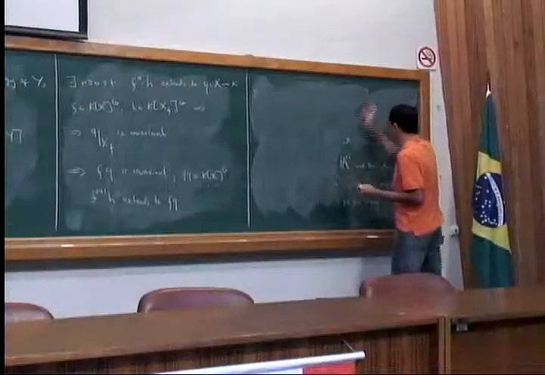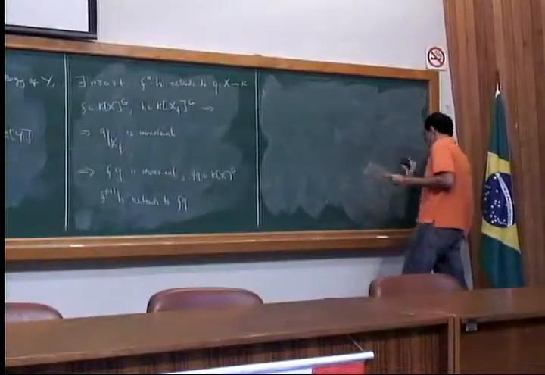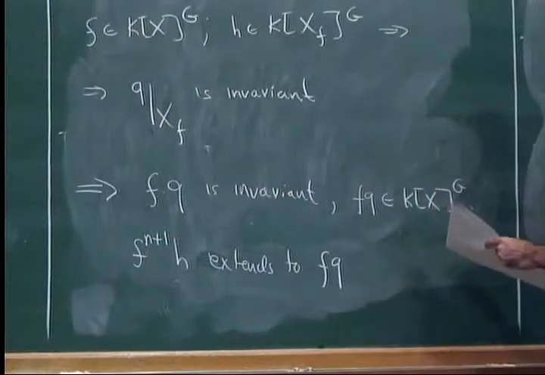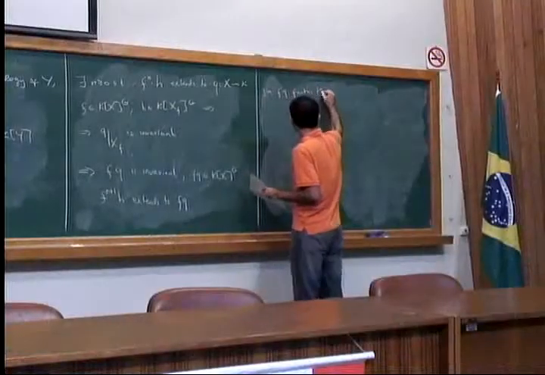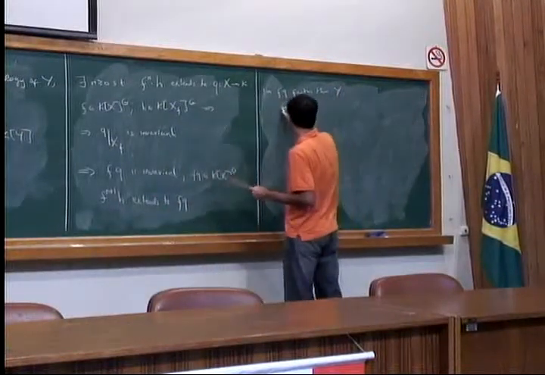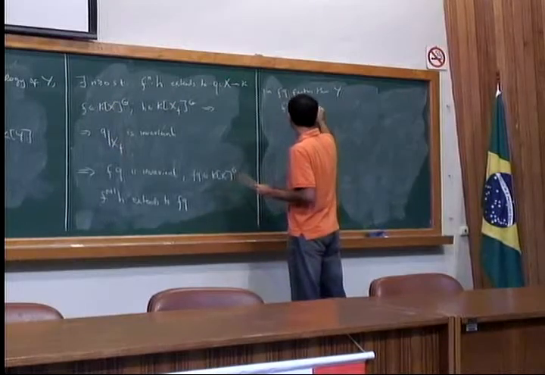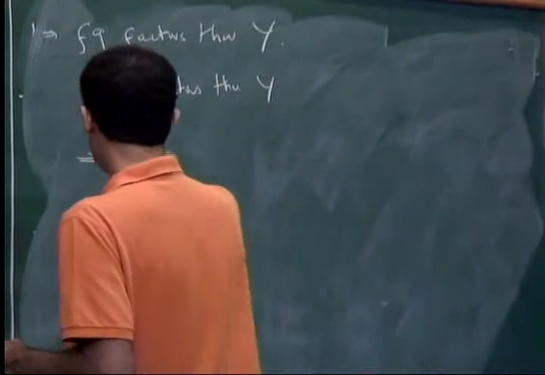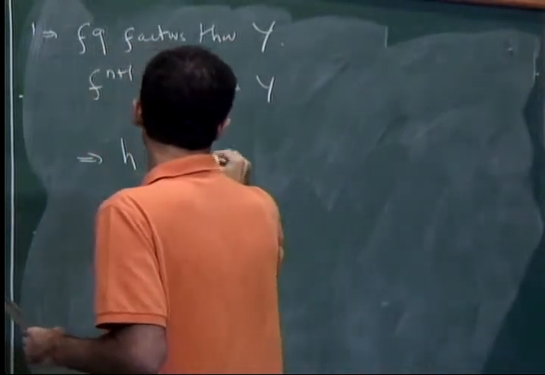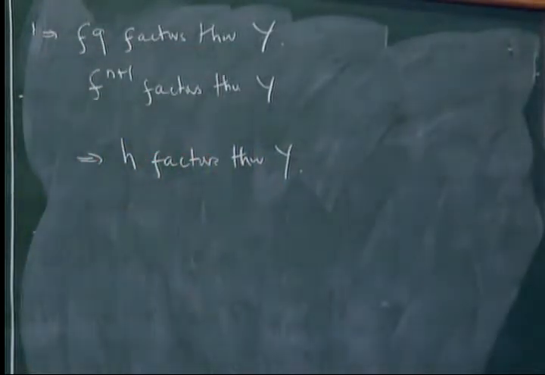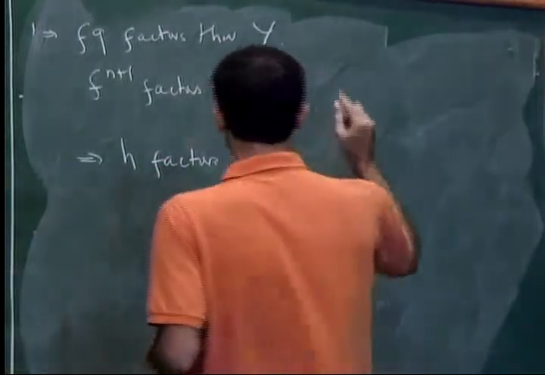Of course then since we're in the ring of invariants, this FQ factors through Y. This F^n also factors through Y. And then you see that H factors through Y. It's just the quotient function restricted to Y_F, where F is non-zero.